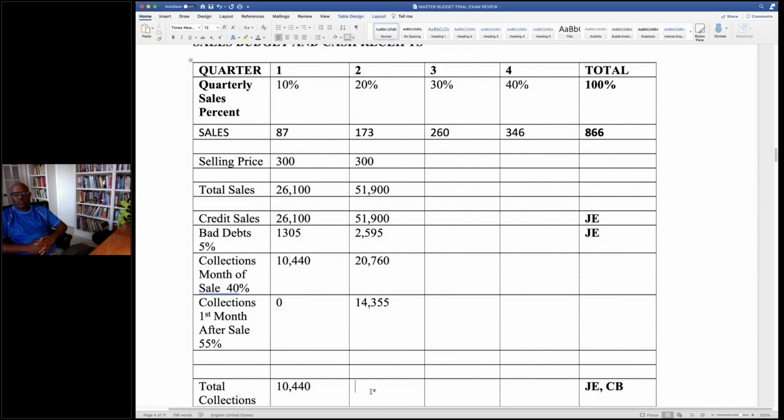And then I add both the collections, the collection of 40% and the collection of 55%, and get 35,115. What you gonna do with the 35,115? I think I'm bringing it down. That's wrong, that's wrong.